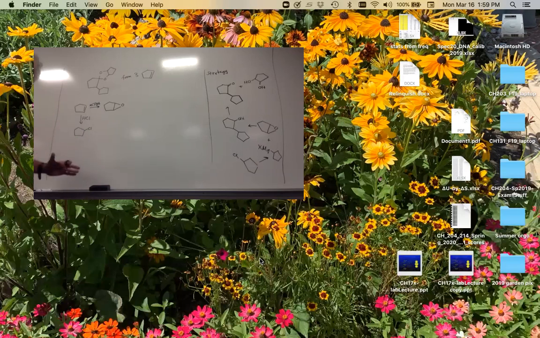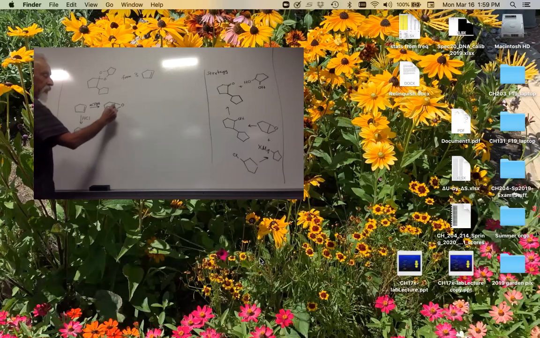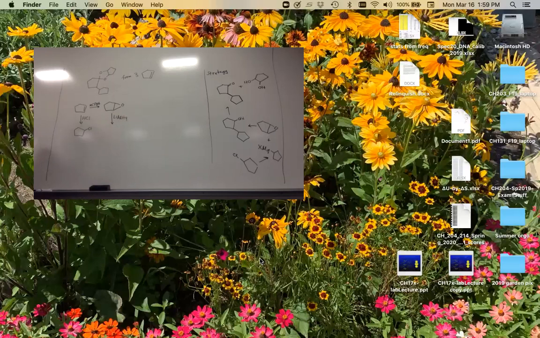Okay, so that's the orgo-1 way of making it. The orgo-2 way of making this chlorocyclopentane would be to take this guy and react him with lithium aluminum hydride, right? That's a reducing agent. This is a basic nucleophile. This doesn't have a more hindered side or a less hindered side, so both sides would be attacked, and it doesn't really matter which one.